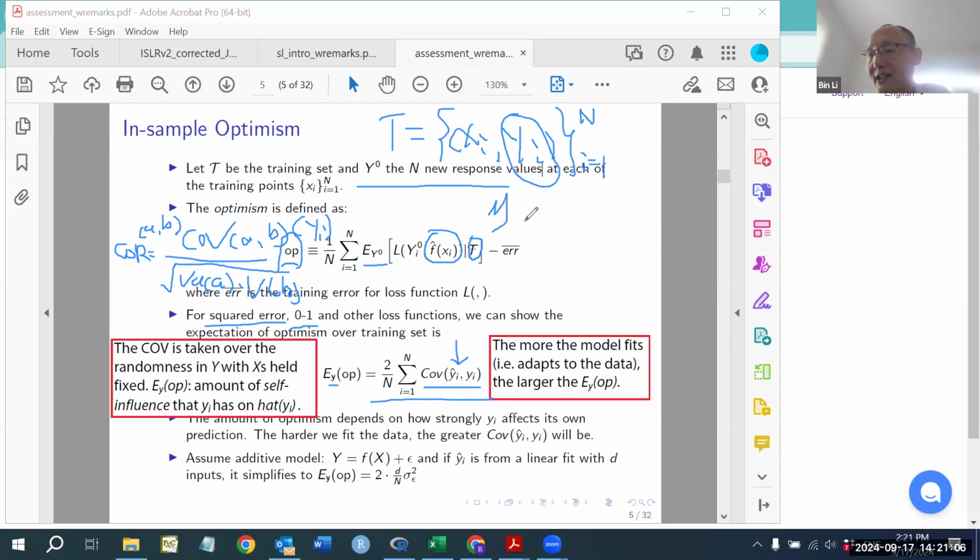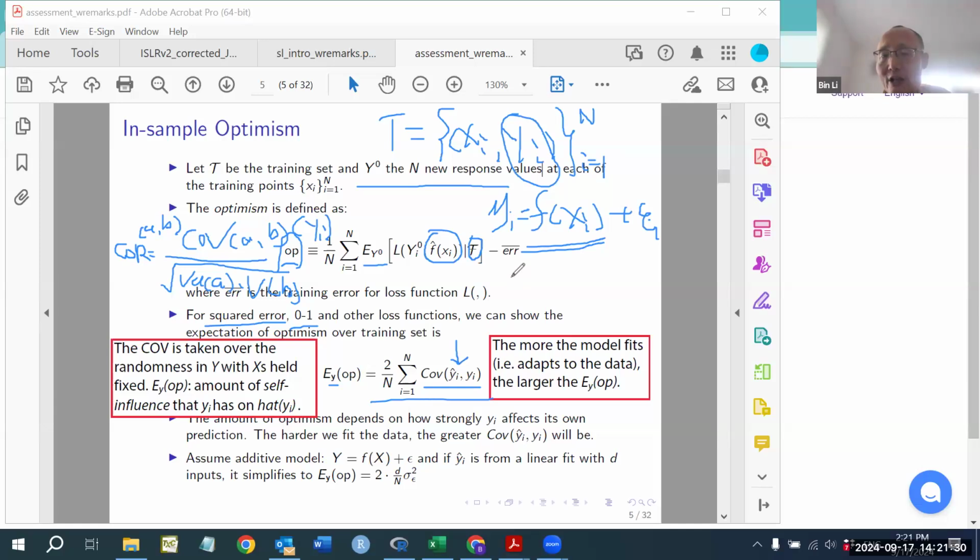So in practice, let's say we have an ideal model. What is an ideal model? Remember the general assumption, yi equals f(xi) plus epsilon. Suppose we have an ideal model, which means we have the f model, the true model, and the y is generated from it.